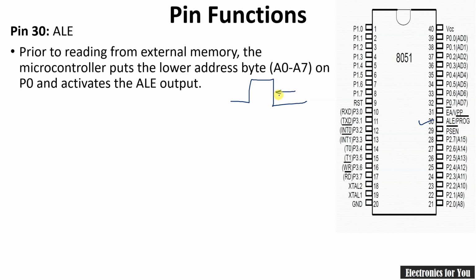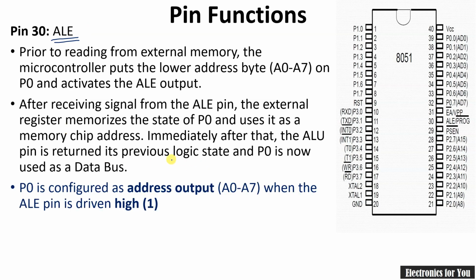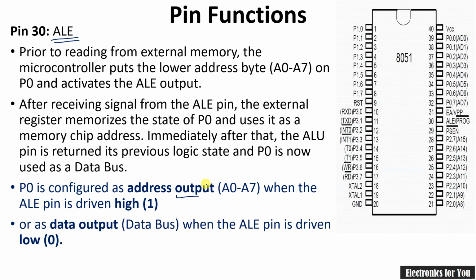Once the address is latched, meaning once the address is fixed, there is no work for the address lines, and then it becomes low again and works as data lines. Thus the ALE pin is used to separate the address lines and data lines of port 0. Port 0 is configured as address output when the ALE pin is driven high, and when it is low it works as data output.